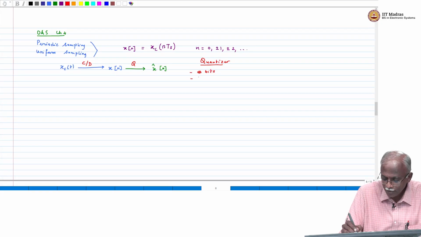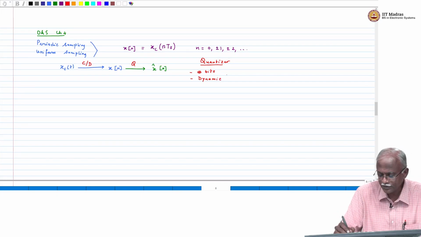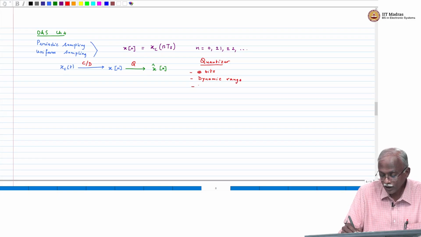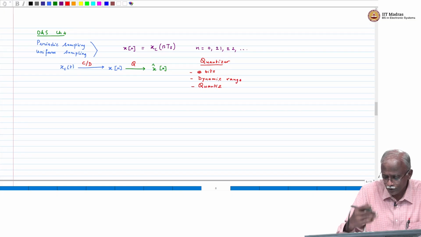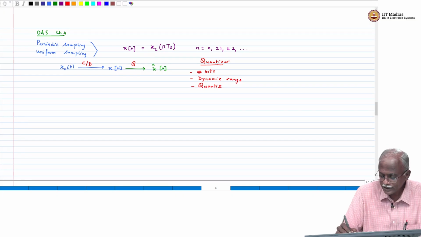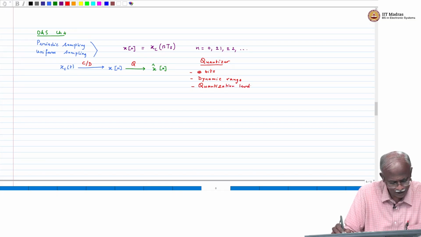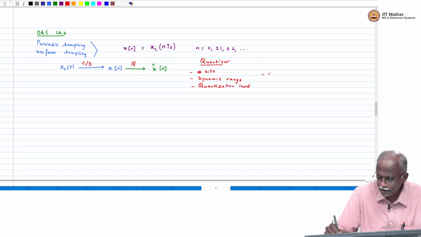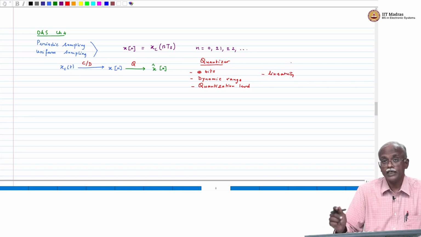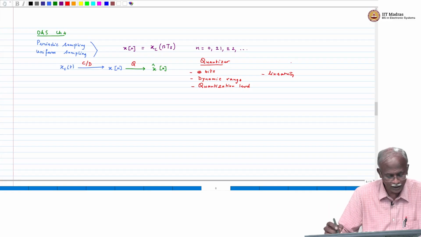What is the dynamic range of the quantizer? That is, what is the maximum value on the positive side and the negative side? So we want to look at the dynamic range. What are the various quantization levels? Are they uniform, non-uniform? So basically this is another aspect that we will be looking at, quantization levels. And what sort of linearity are we able to maintain in the conversion from the continuous time signal to the discrete time signal?